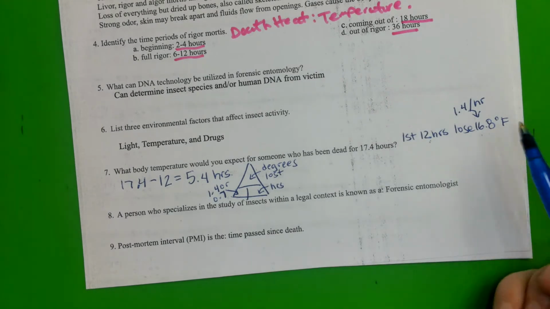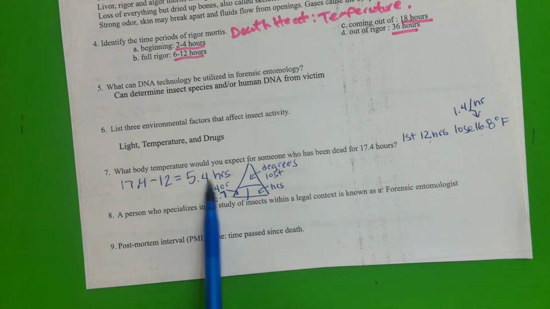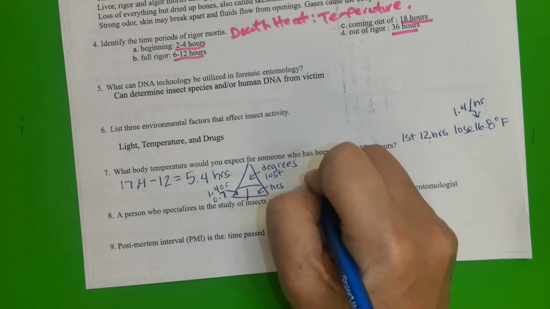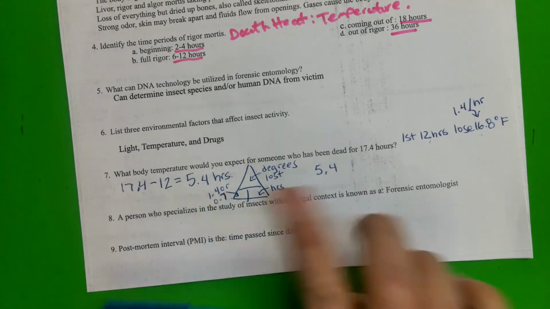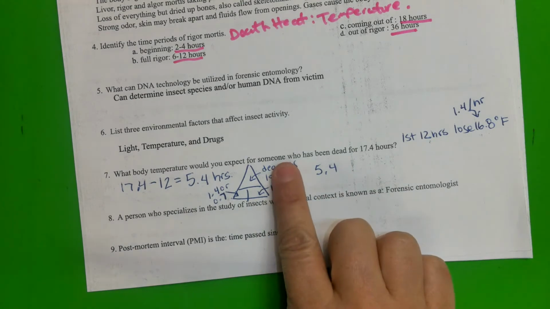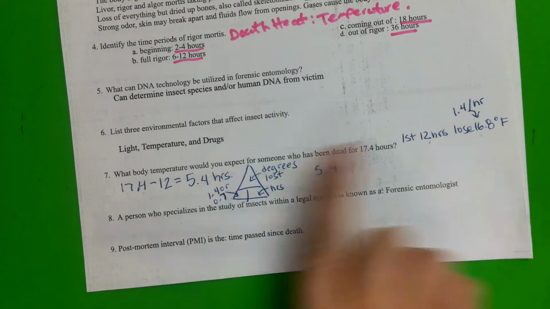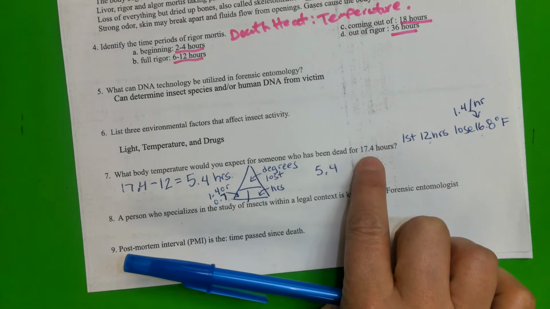Since we have the time, the 5.4 hours, and the degrees after the 12 hours, which is 0.7, we're trying to solve the degrees lost in total. It's not just the 16.8, which is the 1.4 rate, but now we need to figure out that 0.7 because this is over 12 hours.